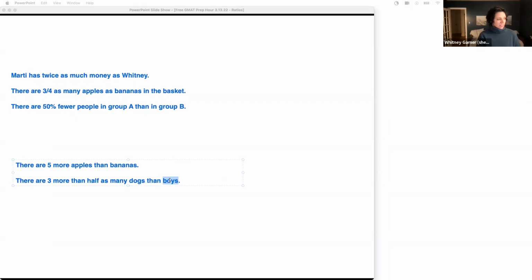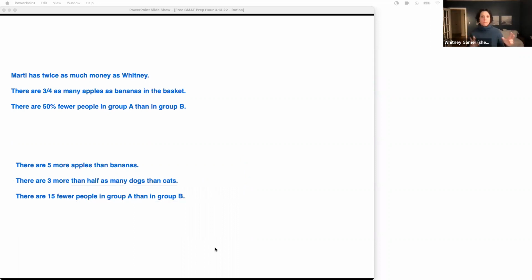I know the GMAT still gets into the whole gender duality, but we're working on not doing that. And slowly the GMAT will join in that whole thing. So there are 3 more than half as many dogs and cats. There are 15 fewer people in group A than in group B.